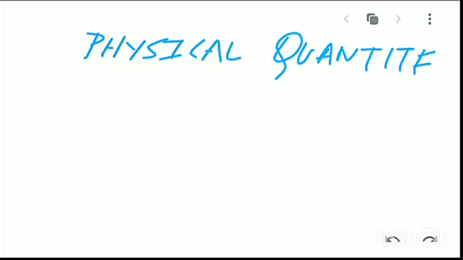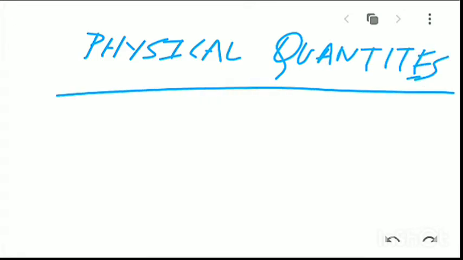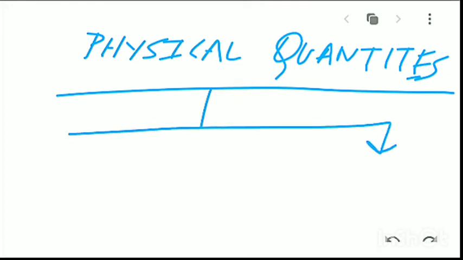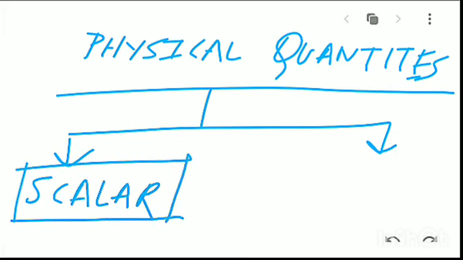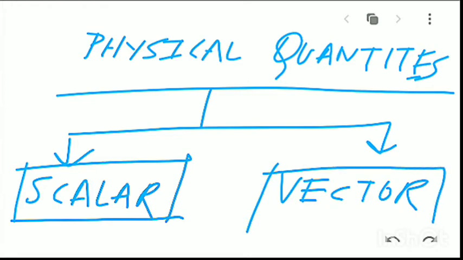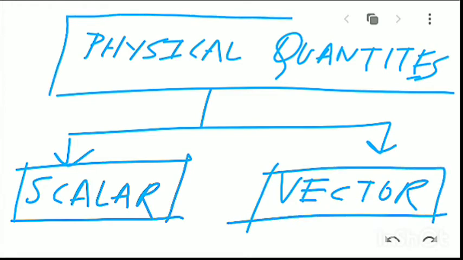Anyone? Yes, a lot of you have guessed it right. One is a scalar quantity and another is a vector quantity. Clear?